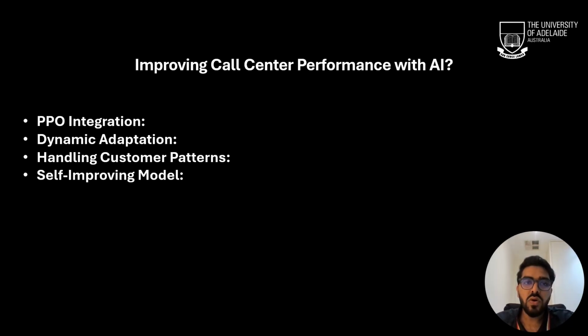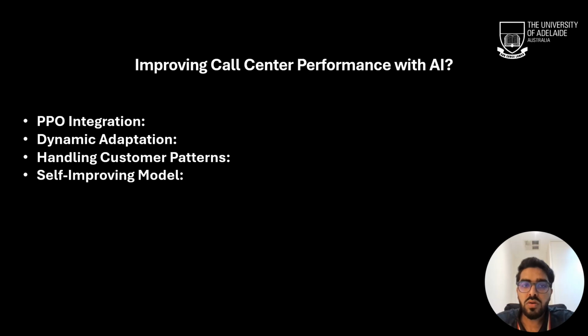The future of call center optimization will heavily rely on AI-powered solutions, and we are taking a significant step towards that with the integration of proximal policy optimization. Unlike traditional approaches, PPO will allow us to adapt dynamically to real-time data, continuously improving the model as it learns from ongoing experiences.